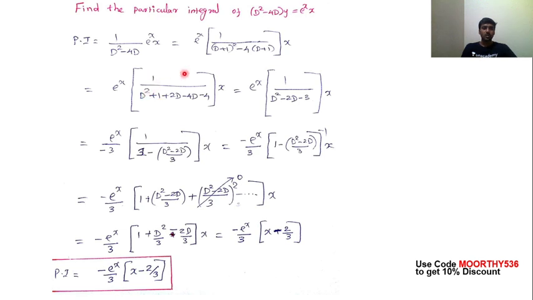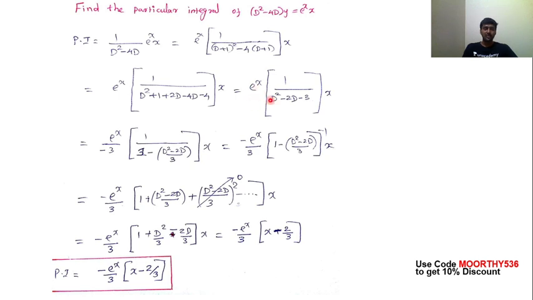Now expand this denominator, then operate with respect to the x format, x power n format. So 1 divided by D plus 1 the whole square minus 4 into D plus 1 is equal to D square plus 1 square plus 2D minus 4D minus 4. Now the simplification: D square minus 4D plus 2D, that is minus 2D, and minus 4 plus 1 is minus 3.